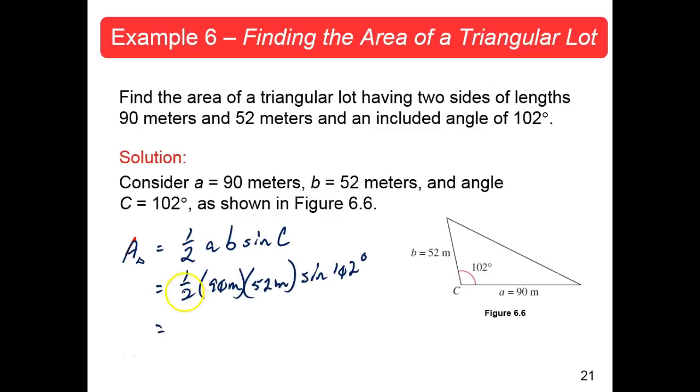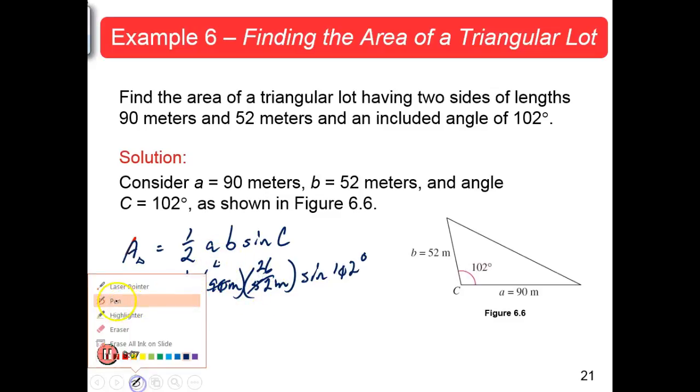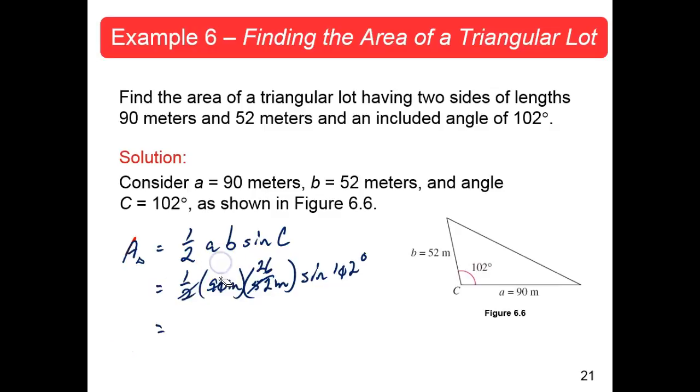Don't know if this is helpful. I'm just going to take half of 90 and make it 45. No, I'm going to take half of 52 and make it 26. Leave the 90 where it was, because that's easy to multiply. But we still have to use a calculator to get sine of 102, but that's not bad. Be sure you're in degree mode, of course.